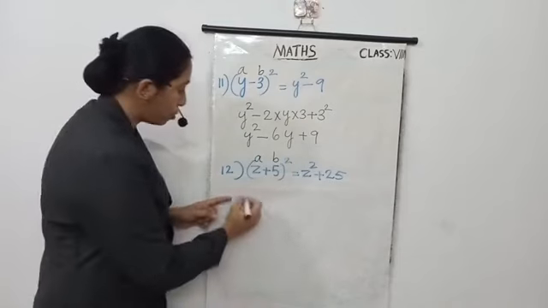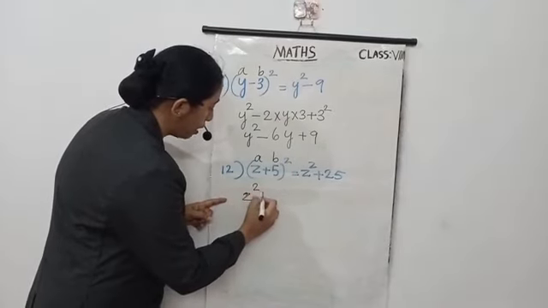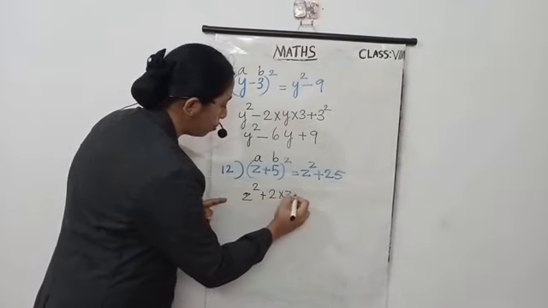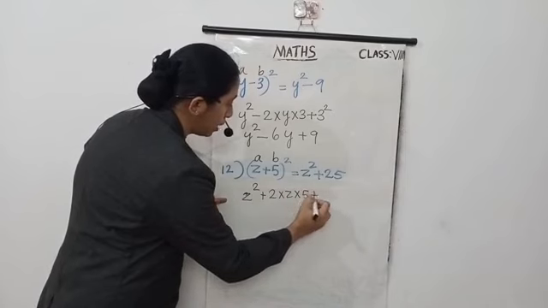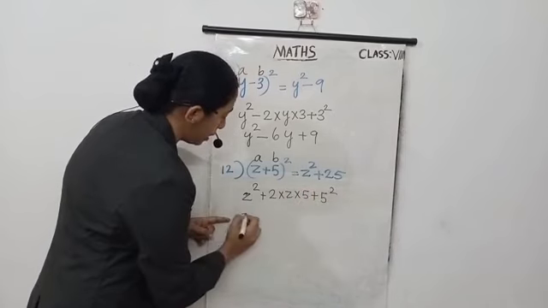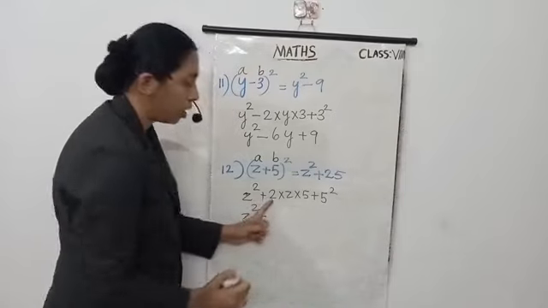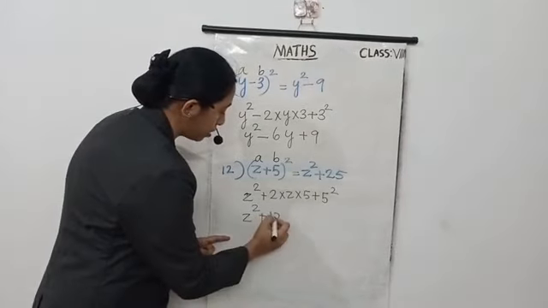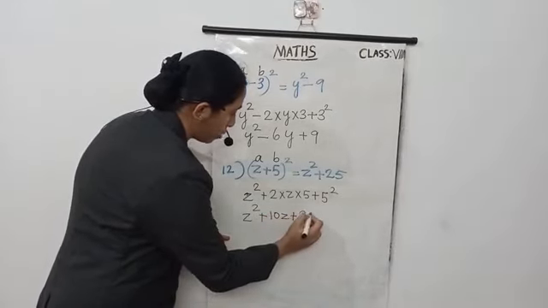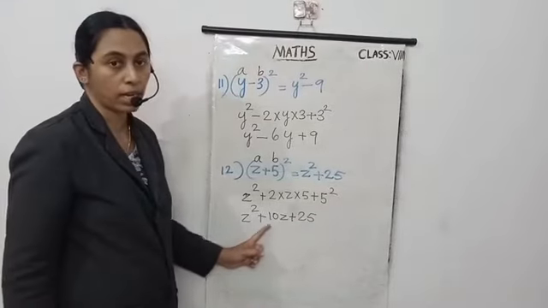Okay, so substitute: z square plus 2 into z into 5 plus 5 square, that is z square plus 2 into 5, 10z, plus 5 square is 25. So this is the correct answer.